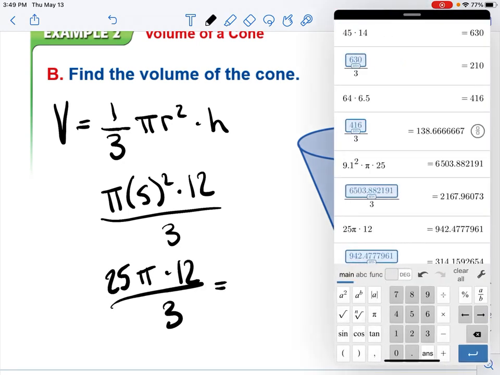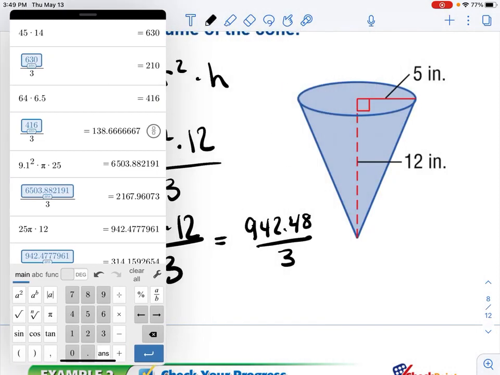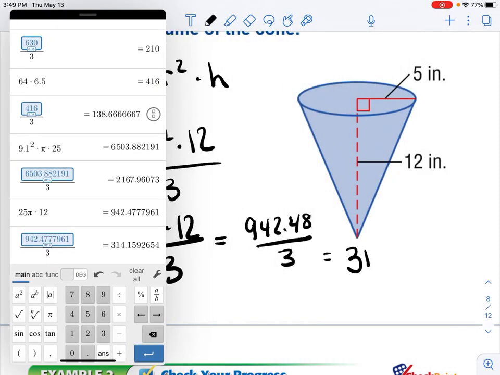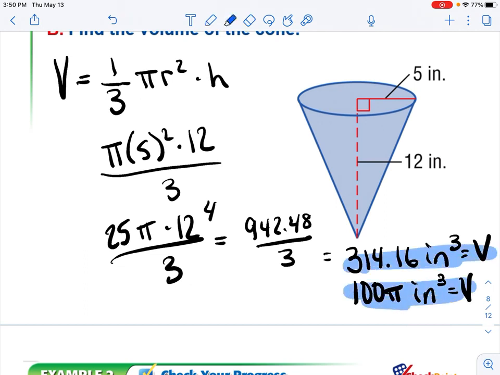When you solve this, you end up getting 314.16 cubic inches. If you were to leave this in terms of pi by reducing here, you'd actually get 100 pi. That's why this looks like pi, because it is pi times 100. So both of those are valid ways to write the volume, this way and that way.